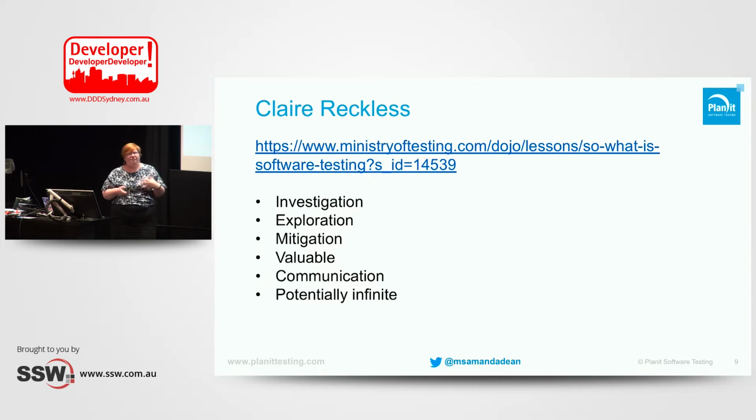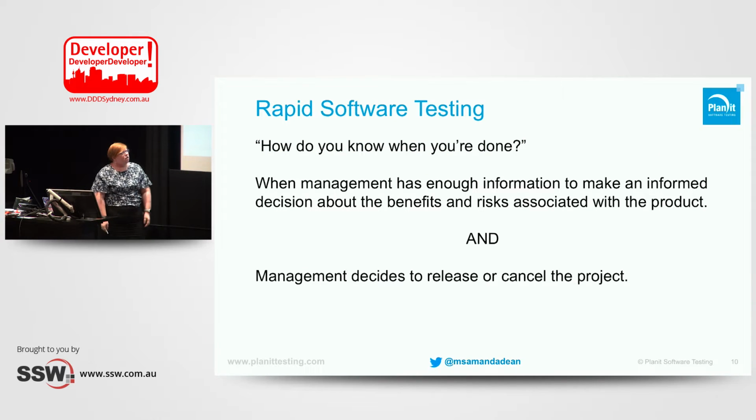But these have both been a bit amorphous ideas of testing. They're nice principles, they're nice ideas, but to me it doesn't really dig into what testing is. There's another group of people who have created a course called Rapid Software Testing. And I really like this particular definition.